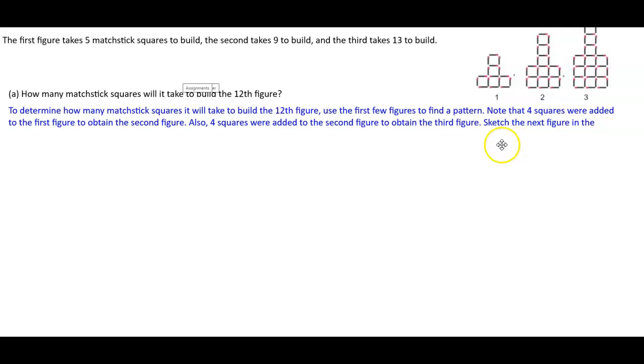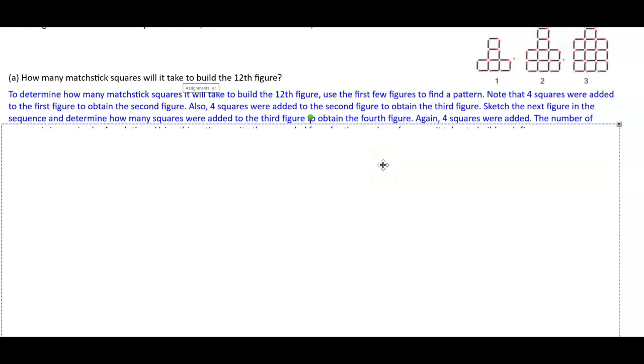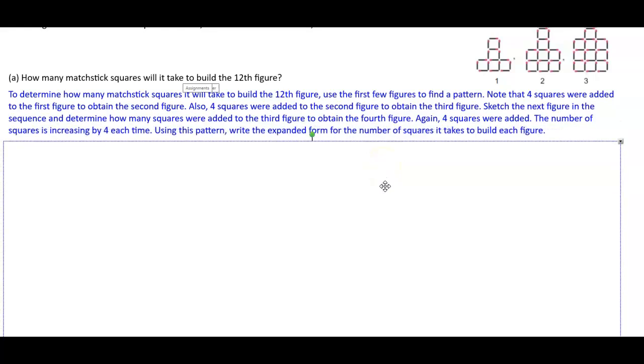Now we're going to sketch the next figure in the sequence to determine how many squares were added to the third figure to obtain the fourth figure. Now again, 4 squares were added. So the number of squares is increasing by 4 each time.